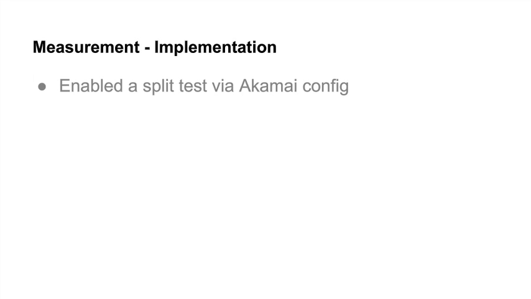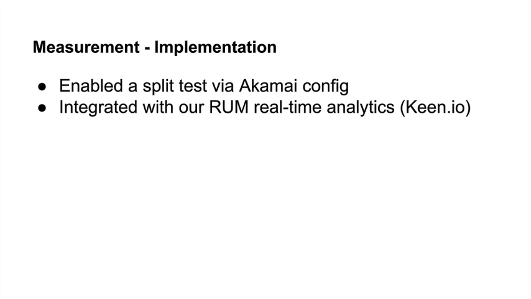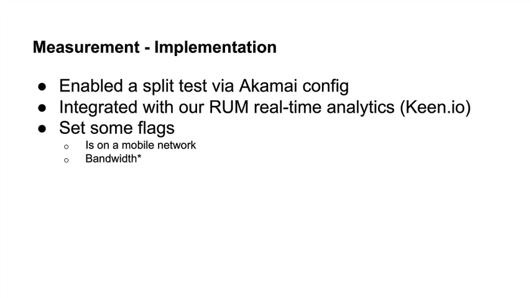So what we did is we enabled a split test via the Akamai config, and we integrated that with our RUM real-time analytics. So we set some flags at the edge. We set one for whether the user's on a mobile network, the bandwidth, and I know that's a little bit flaky, whether the user's on an H2-capable browser, whether their current connection was H2-enabled, and the round-trip time.